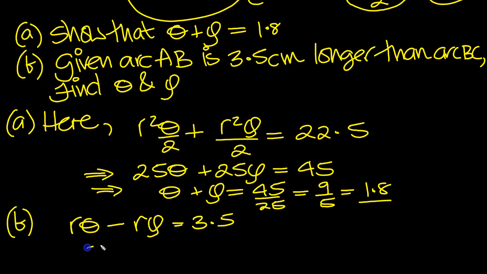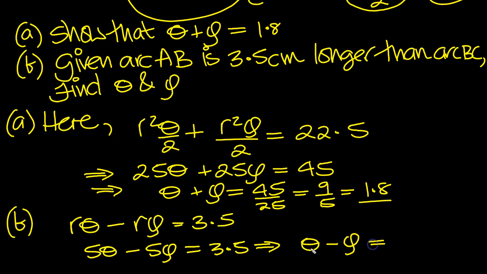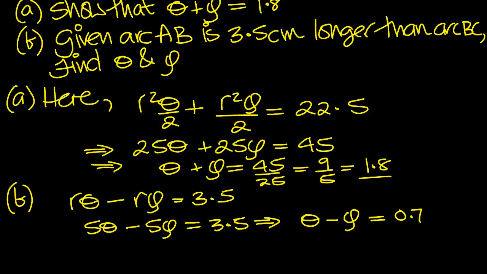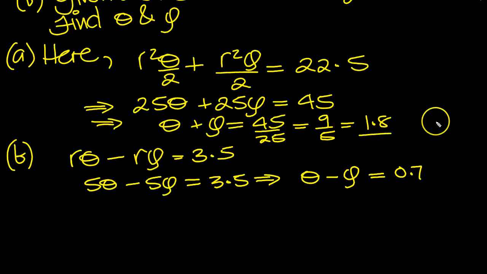So we see that 5 theta minus 5 phi equals 3.5. So that tells us that theta minus phi is 3.5 over 5, because we divide by 5, which is 7 over 10. So that's 0.7. So now we've got equation 1 here, we've got equation 2 here.